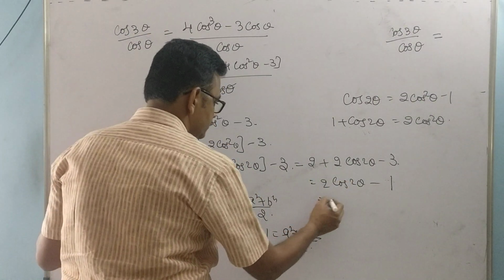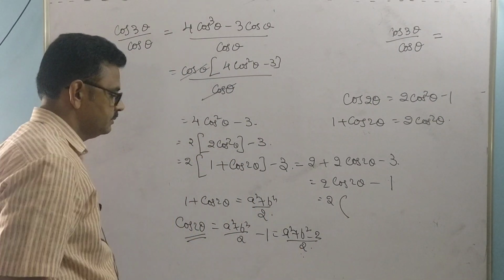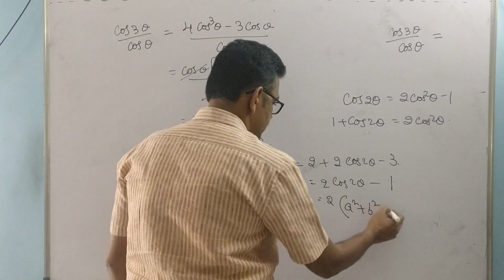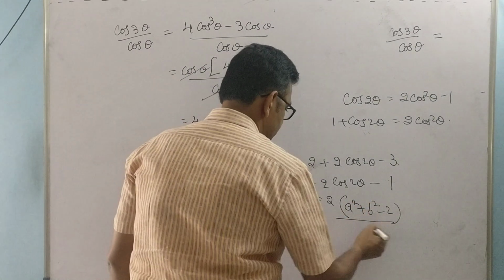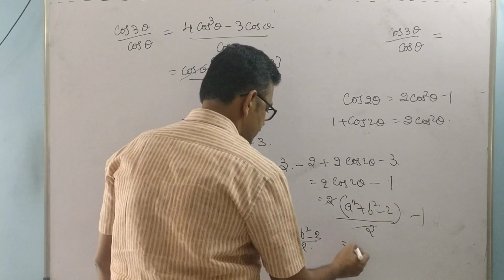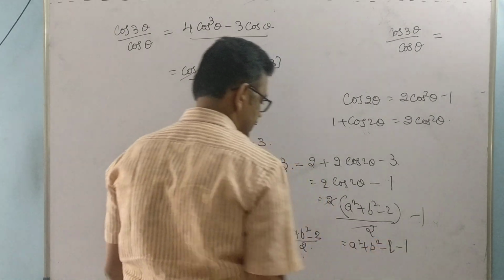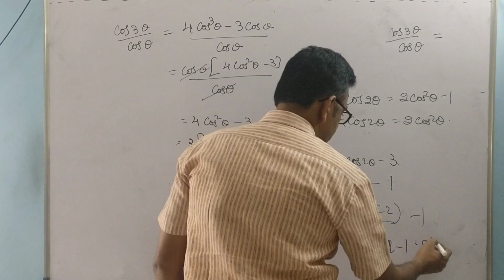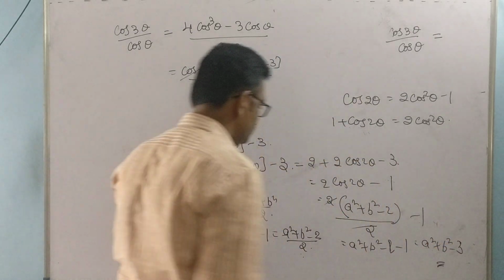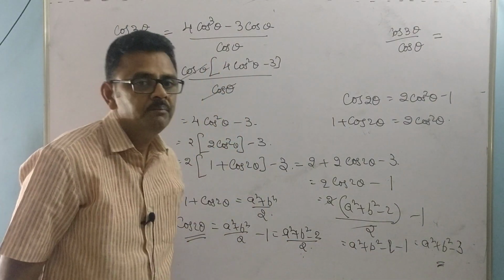So that is 2 into cos 2 theta in terms of this, a square plus b square minus 2 by 2, minus 1. So 2 gets cancelled: a square plus b square minus 2 minus 1, which is a square plus b square minus 3. So this is the answer: a square plus b square minus 3.